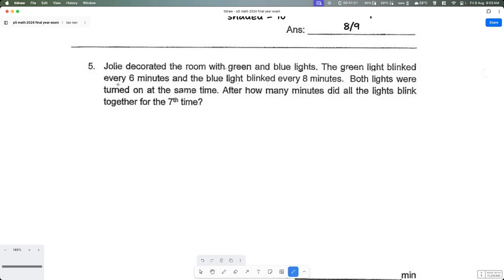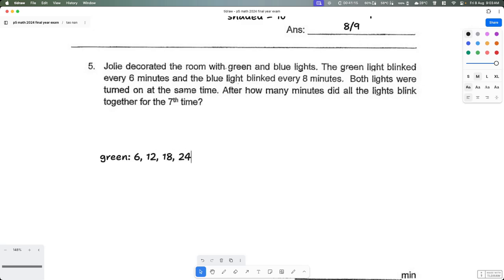So if you see this kind of question, you can do the listing method, right? So this is green: the green light will blink at 6, 12, 18, 24, 30, and so on. For blue, we have 8, 16, 24, 32, and so on.